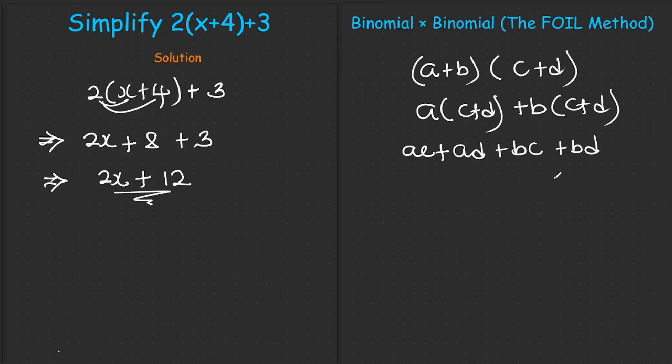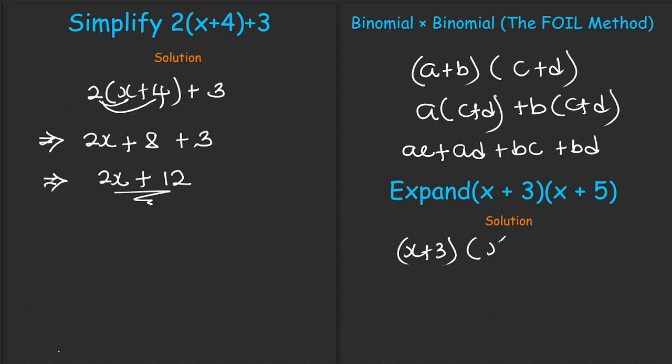Now let's look at some examples just to enhance our understanding. In this example, it says we have to expand, open bracket, x plus 3, close bracket, then open another bracket, x plus 5, close bracket. As I said earlier, we will distribute these terms over this bracket.